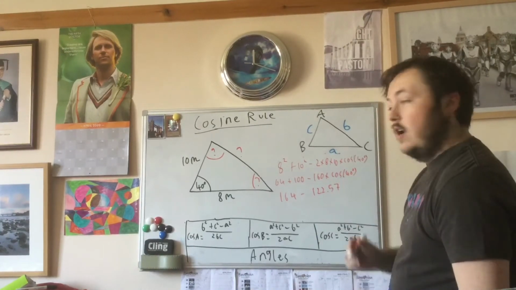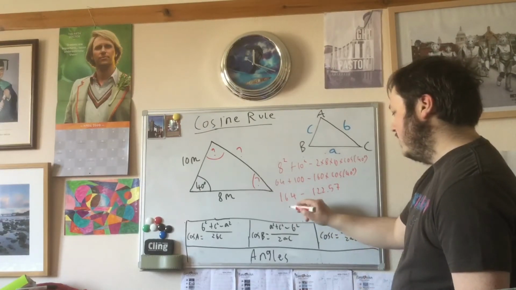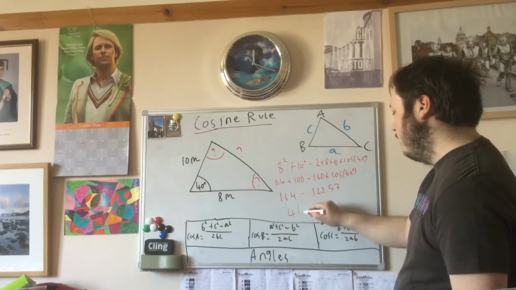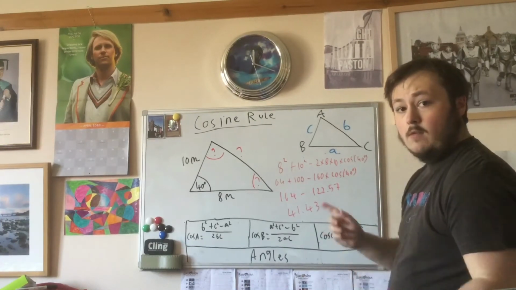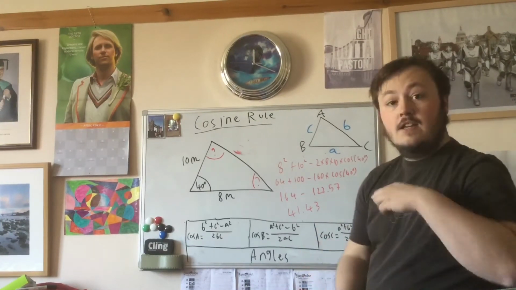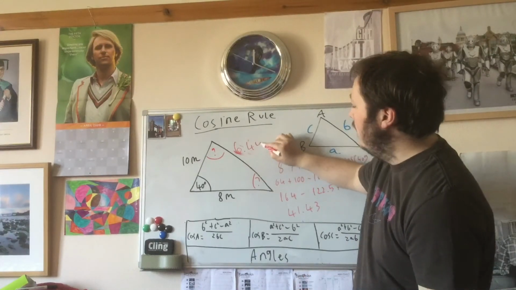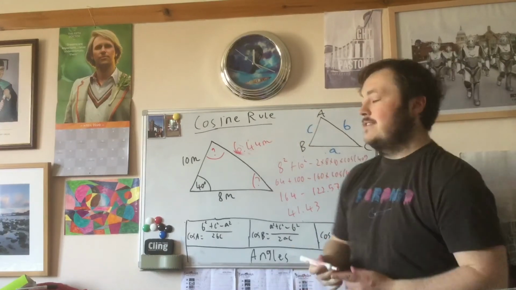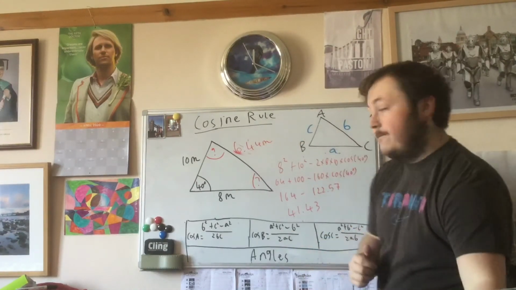And that will make our missing side squared a grand total of 41.43. And then what do we do? We root that answer. And to 2 decimal places, our missing side is 6.44 meters.